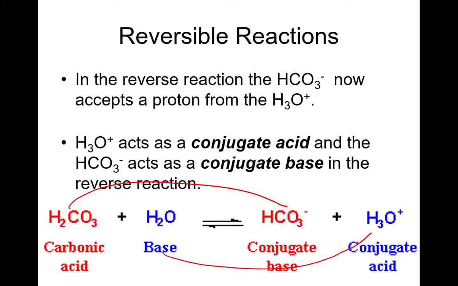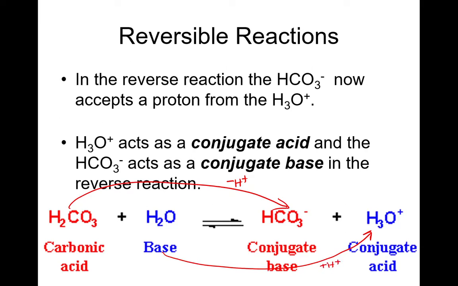It's important because, if you notice, H2CO3 becomes HCO3 minus. H2O becomes H3O plus. And if you were to look at both of those species very carefully, you'd notice, hold on a second, the only difference between the acid and the conjugate base is the removal of a proton, and the difference between the base and the conjugate acid is the addition of a proton.